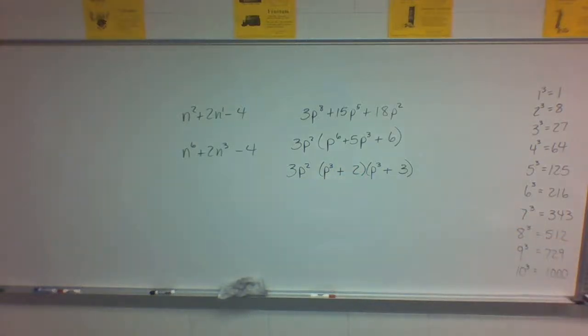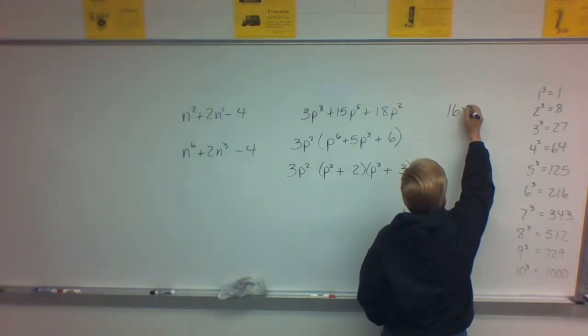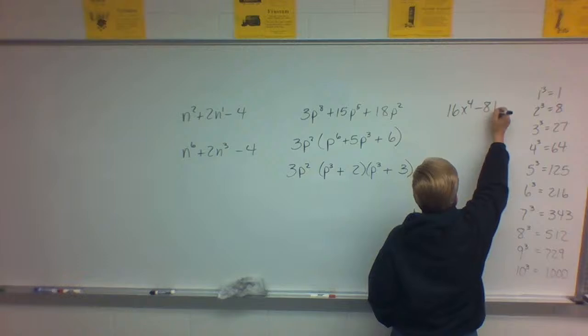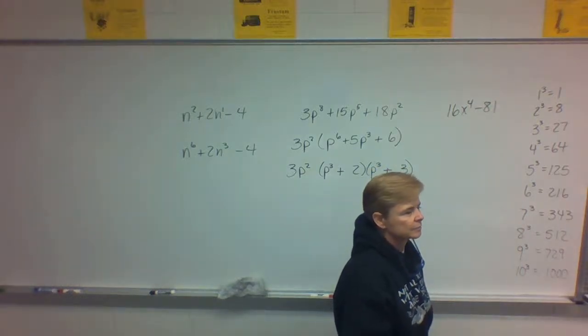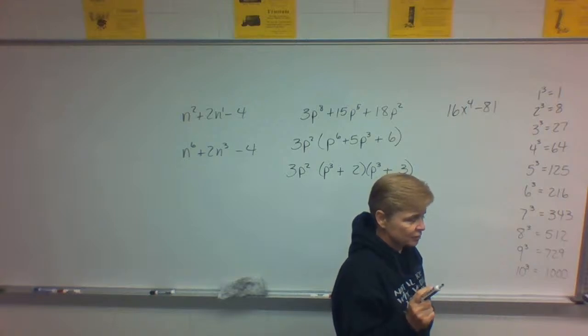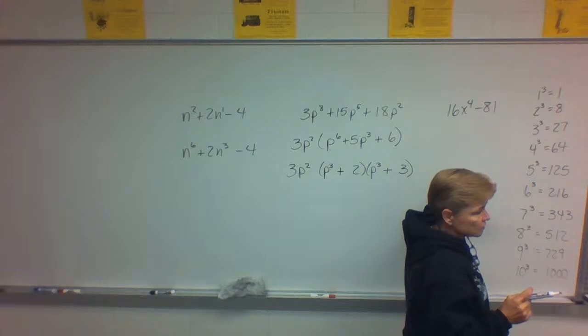Here's another quadratic-ish thing. 16x to the 4th minus 81. This is not a quadratic equation. But it's quadratic-ish because this is a difference of 2 squares.